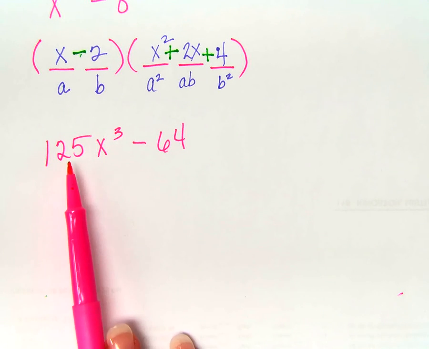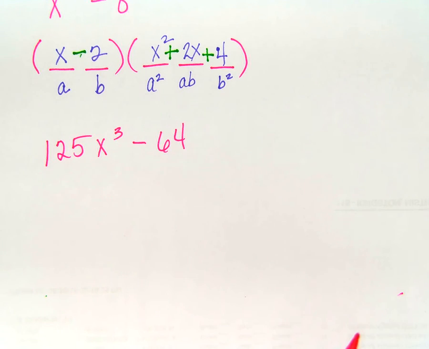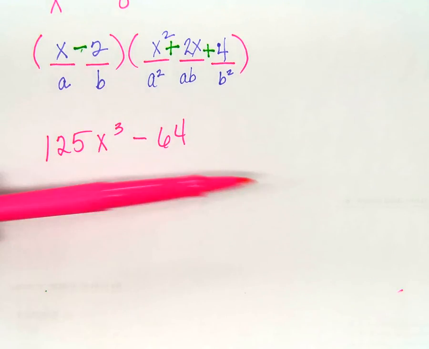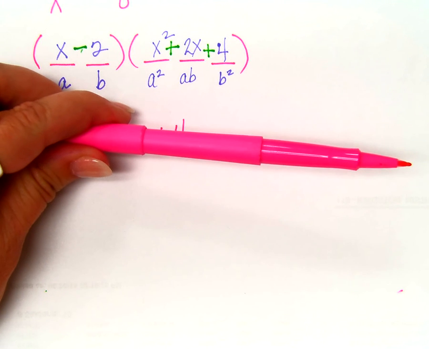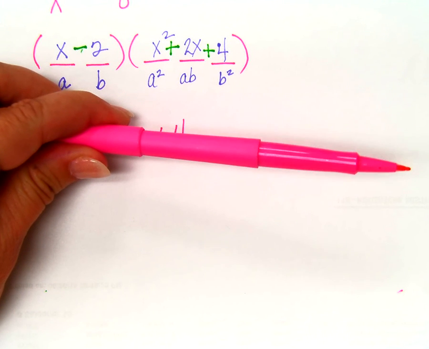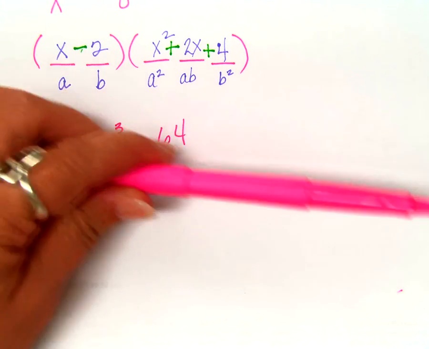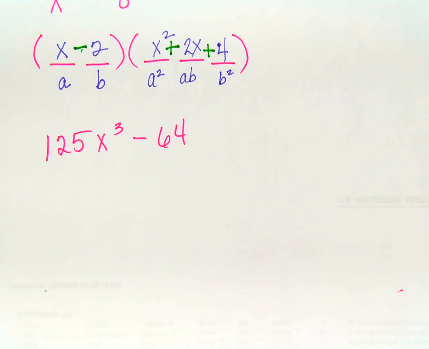What times itself equals 125? If you look on the board, the direction my pen is pointing, I gave ourselves a little cheat sheet over there. I squared all numbers from 1 to 10, and I cubed all the numbers from 1 to 10. So what times itself is 125? It's 5.